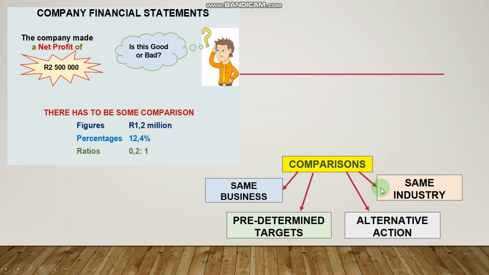Sometimes I would make comparisons in the same industry. This is an important point because if I am going to compare my performance against another company's performance, sometimes we would use the term competitors. It is important that I compare against firms in the same industry. Most of the time, it's difficult to make these comparisons because companies run differently, they use different policies.